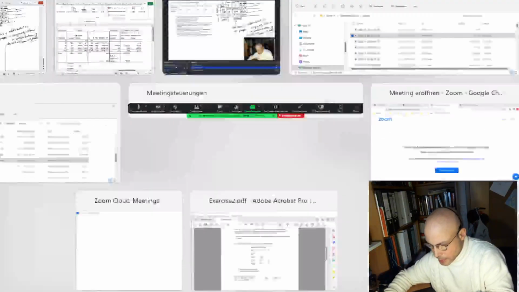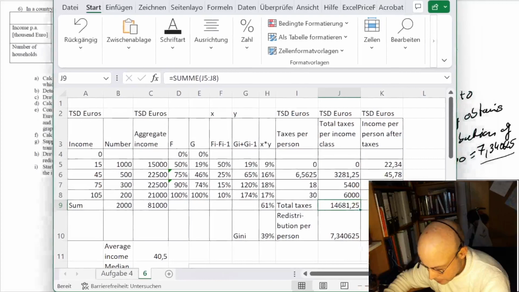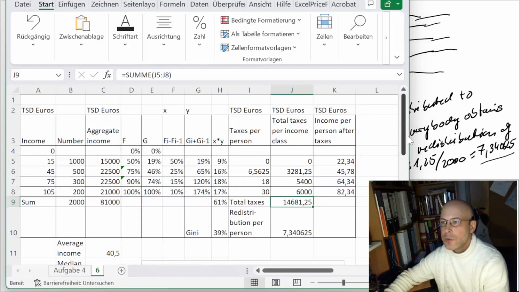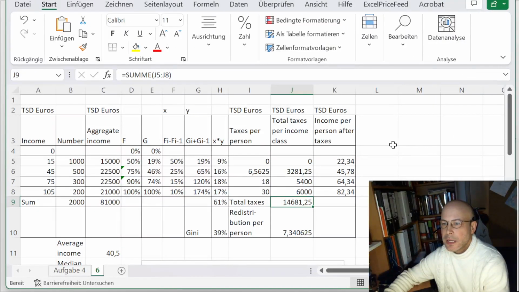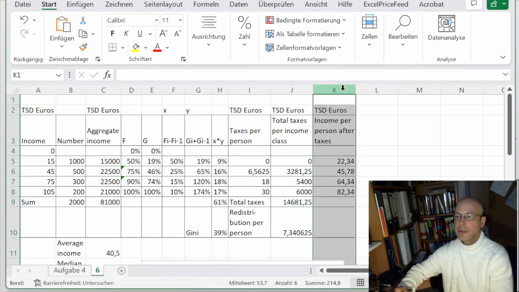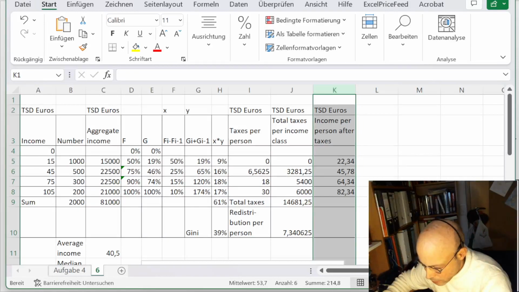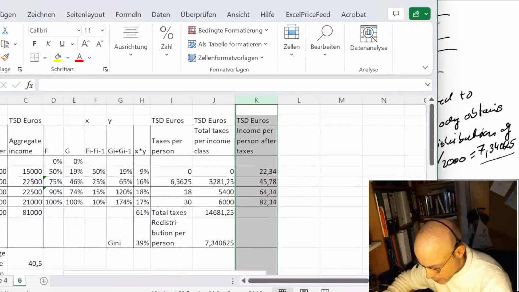And now the question was, well, how do we go on with our new income distribution? And having this new income distribution here, we want now to calculate again the Gini coefficient. And hopefully you can help me by doing this.